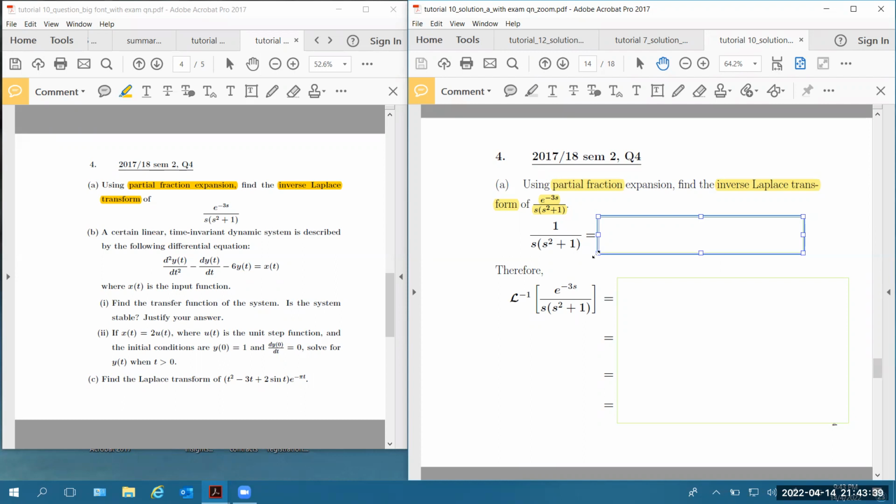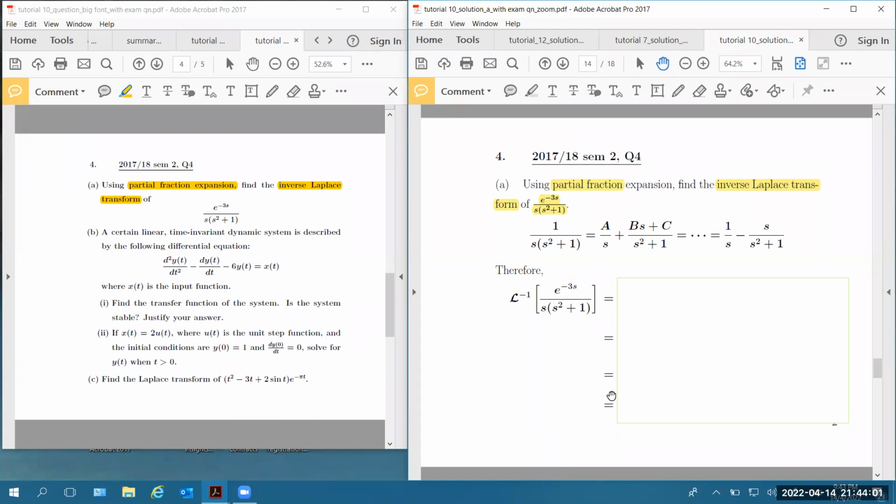So when you do partial fraction, you will have two terms: a constant A over s plus, because this one is s squared plus 1, Bs plus C. Then you find your constants A, B and C.